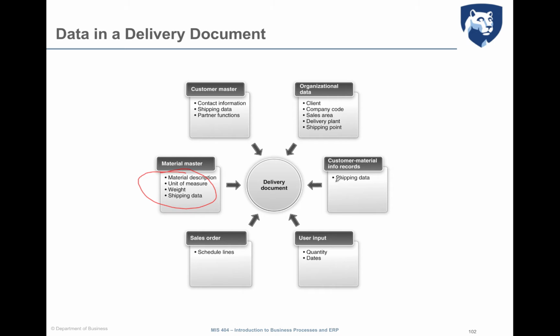Then we need to know the shipping data requested by the customer, which is the delivery plant and the shipping point, and so on. Again, we need a large amount of data, which is of course automatically put and recorded by the delivery document, but if they are not present in the system, then people need to include them manually once the document has been created.